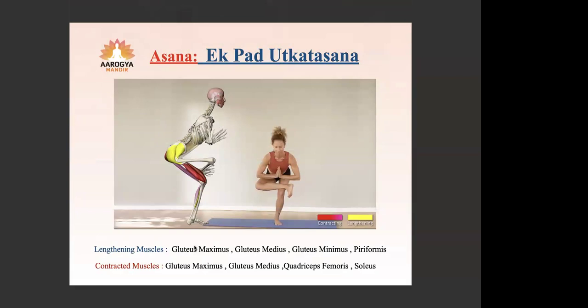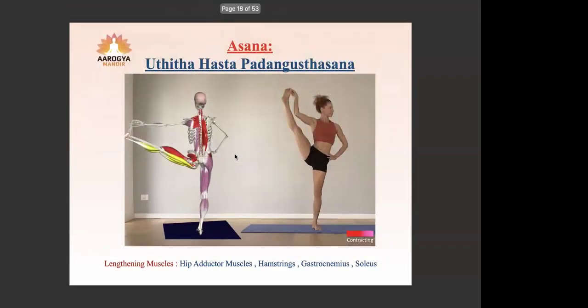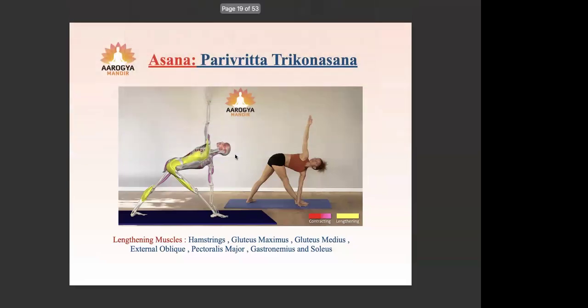Again, this is a very good posture for students, and students should regularly practice this posture. Then Uttida Hasta Pad Angushthasana, Parivrit Trikonasana. So these were the postures covered till the last session.